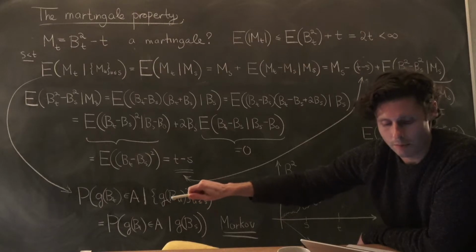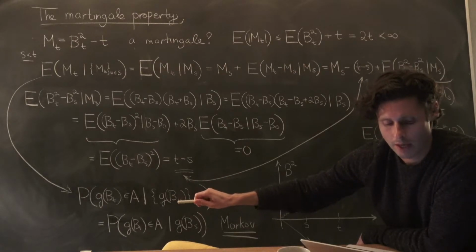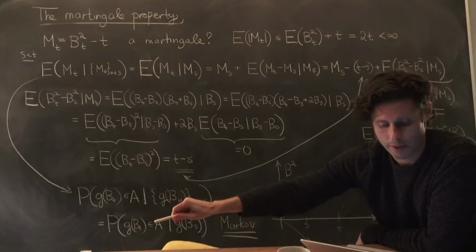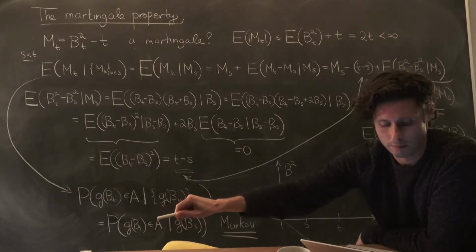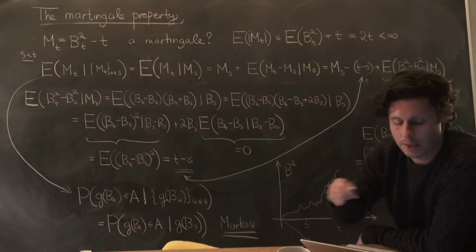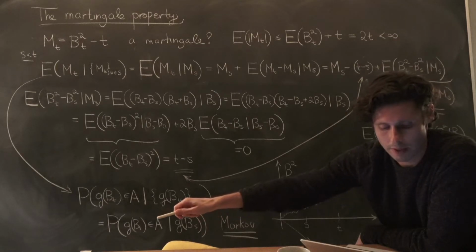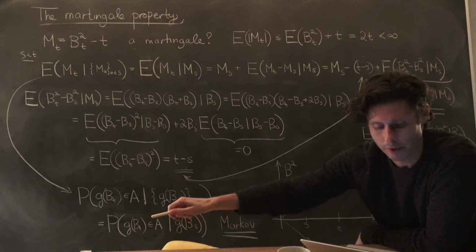If you know the entire path of B, then you know the entire path of G of B, and after that, B is a Markov process, and knowing its entire history before time s won't help you carry out the computation of this probability.